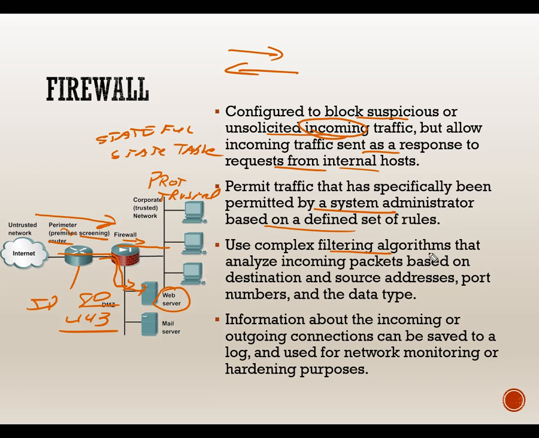Complex filtering algorithms, and we'll do some filtering, some access control lists in this one, and more access control lists in the second part. Analyze incoming traffic based on the destination and source address, port numbers, and the data type. So we can control based on the source and destination IP address and the destination port, the service.